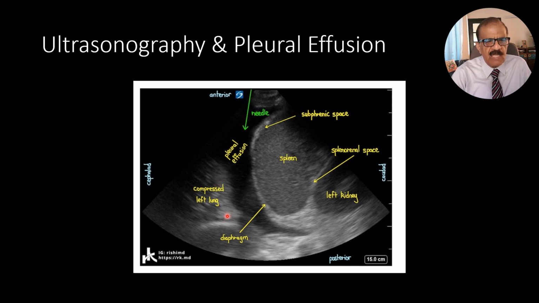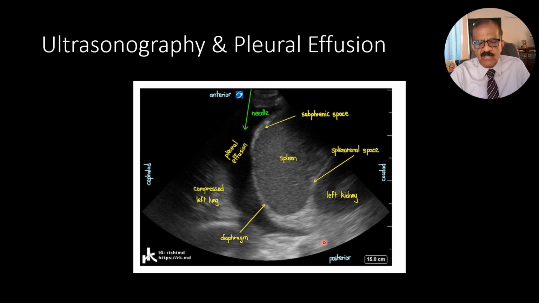So that is why the lung is also visible as slightly dense. Now please note down, this is an ultrasound. In X-rays, all pleural effusions were white in color. Here it is actually black in color. So there is a difference, because this is compared to the normal gray structure of the spleen. So even a small amount of effusion can be detected on ultrasound.